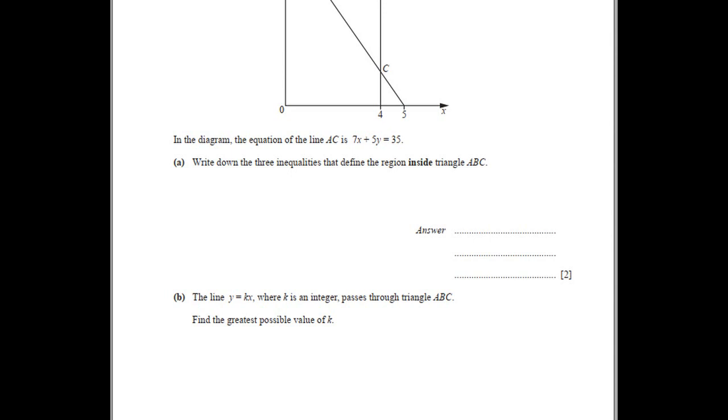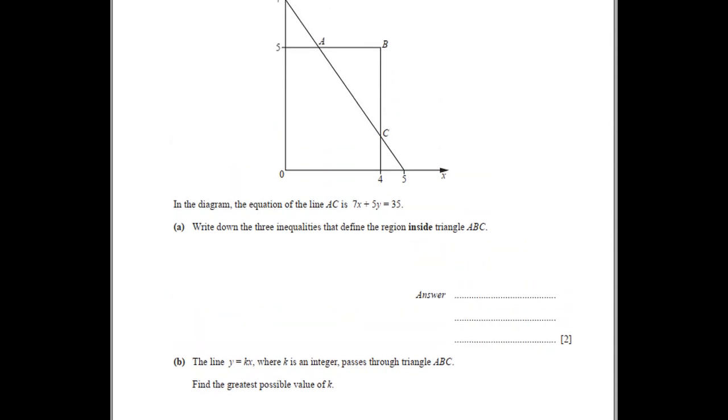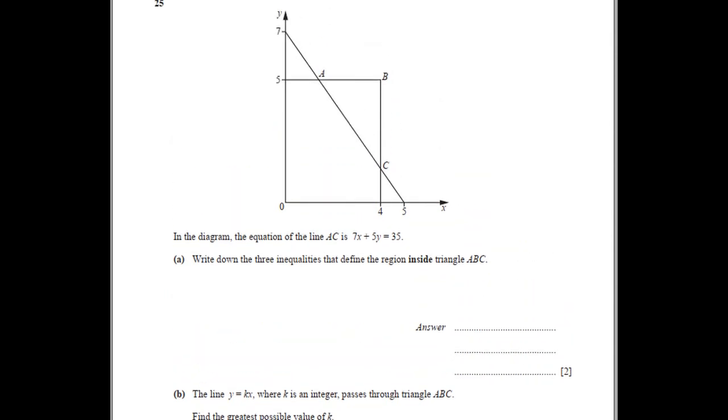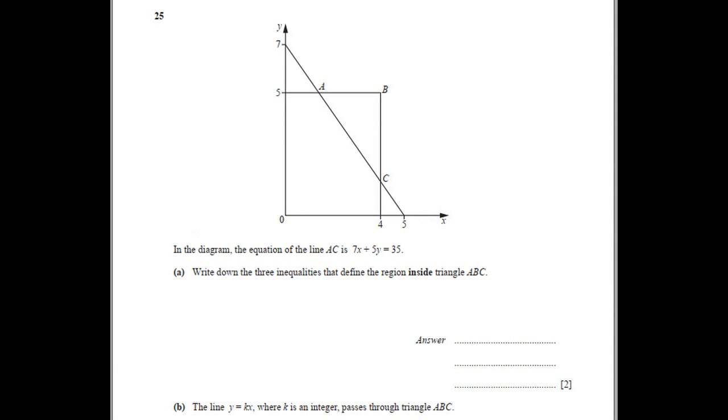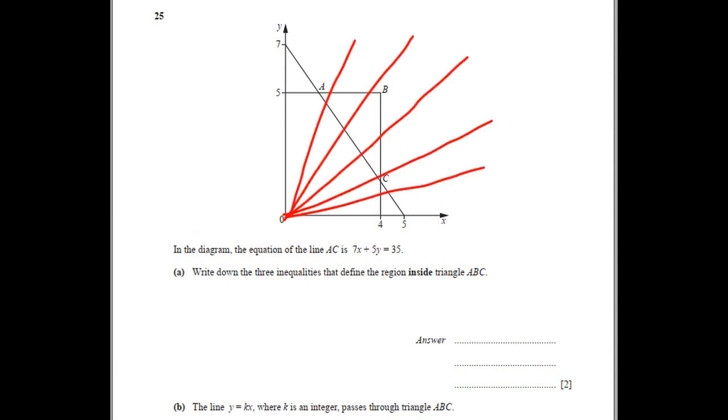Because the equation of a straight line is y is equal to mx plus c. So if c is 0, that means the line would be something like this, or like this, or any one of these lines. Next, what condition are we given?